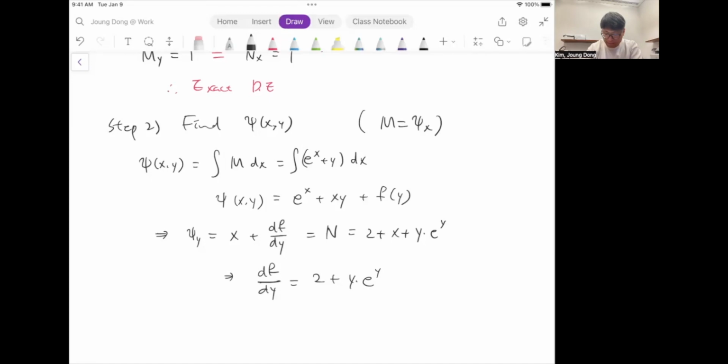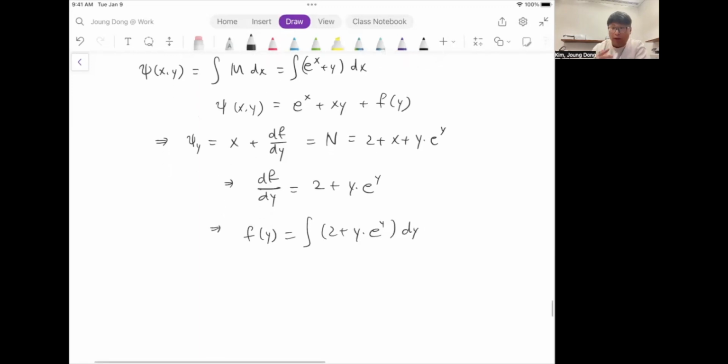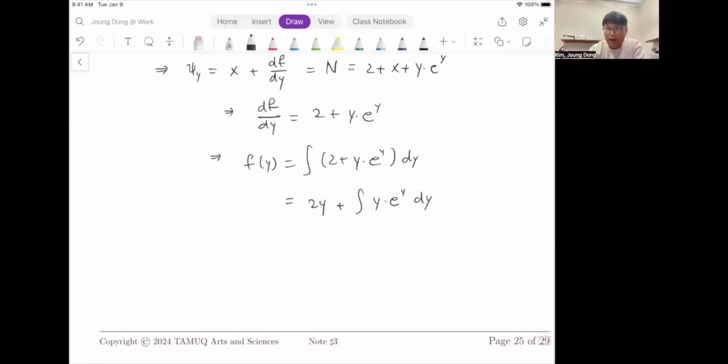Is that okay? Then, as you know, f of y is equal to the integral of 2 plus y e^y dy, right? So there are two functions, 2 and y times e^y. The integral of 2 is easy, right? So it is 2y. Let me separate, okay? Because that is easy. And for this one, definitely you have to do integration by parts, right? So let me use the u and v notation.